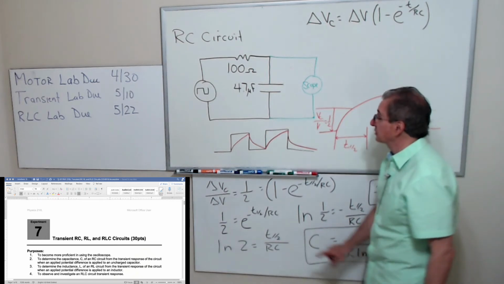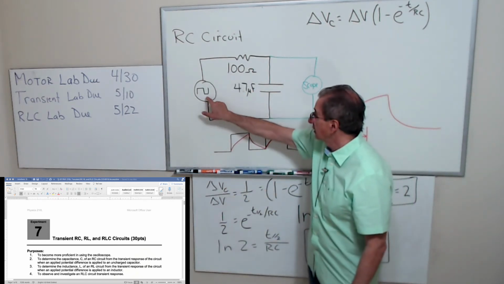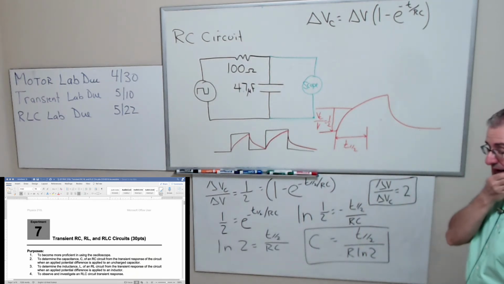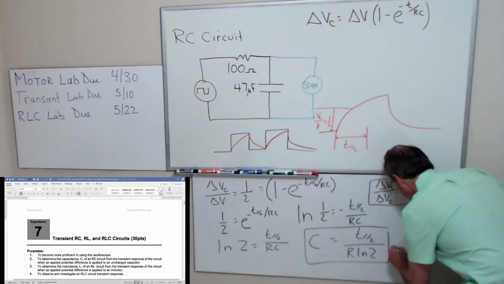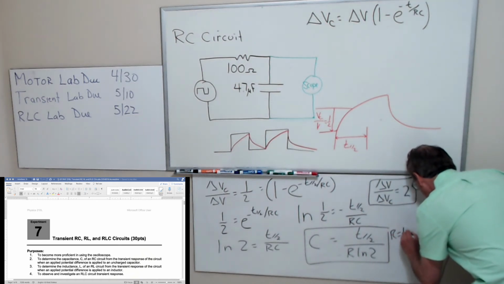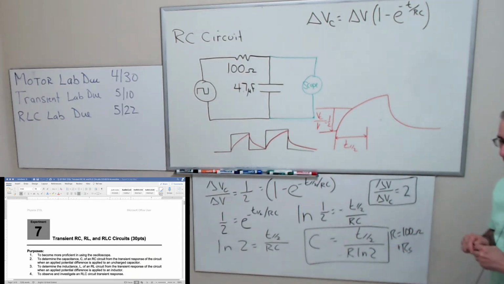So this is not just this value, but it's this value plus the resistance of the signal generator. Okay? This is our total, where R sub S is the signal generator. Everybody clear on that?